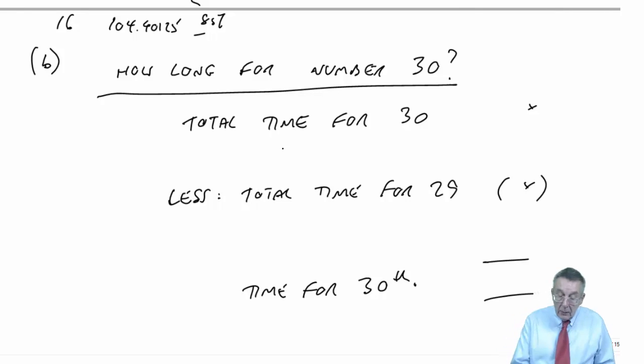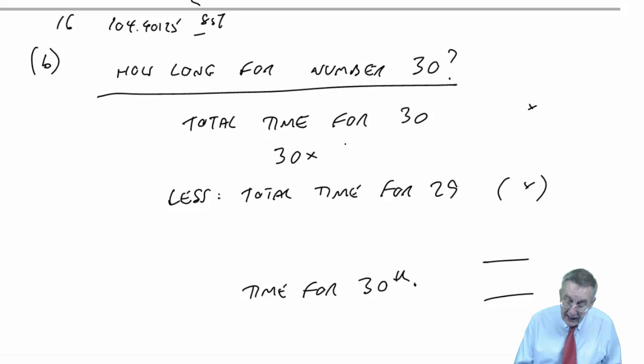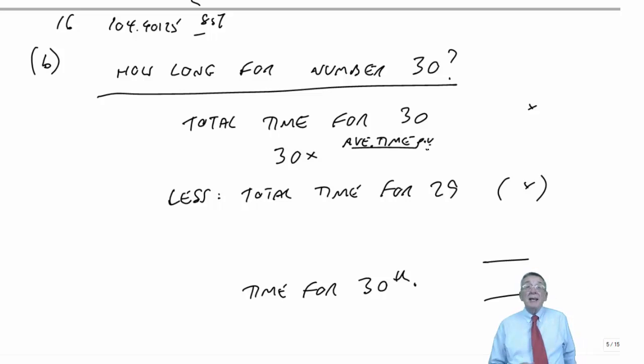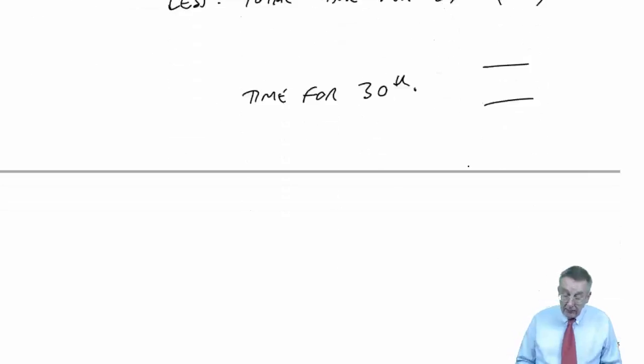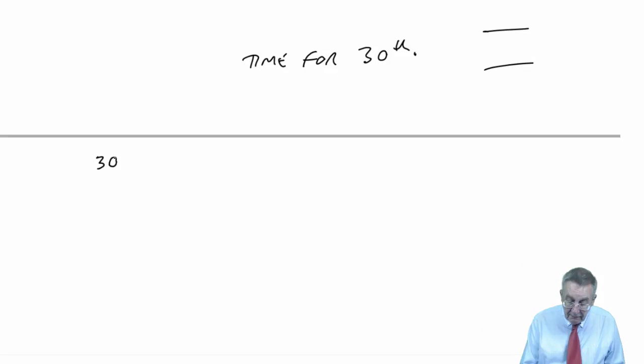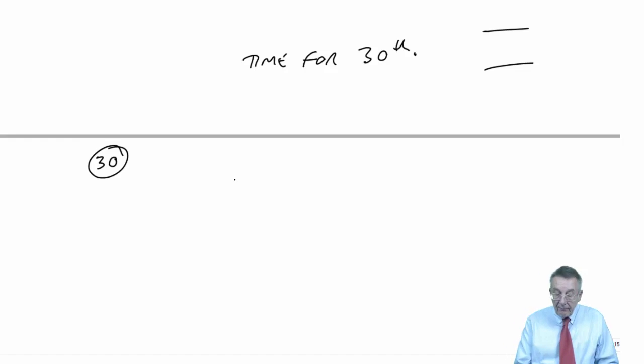Total time for 30 will be 30 times the average time per unit, as always. But this time, of course, we can't use the doubling rule. Doubling only works for 2, 4, 8, 16, 32, 64. We can't use the doubling rule. So we're going to have to use the formula. Now we're doing 30.